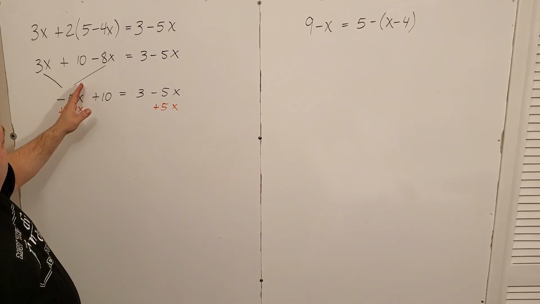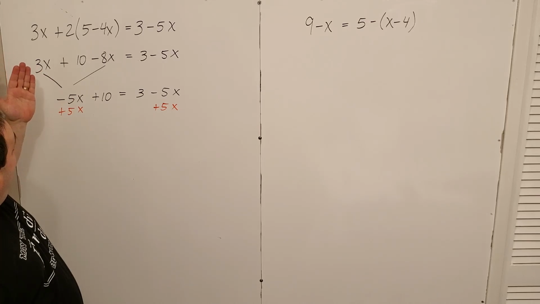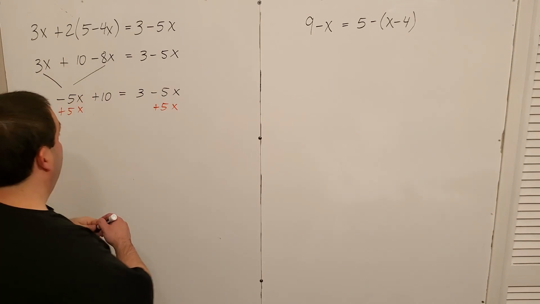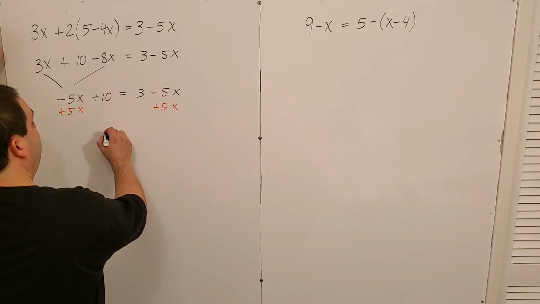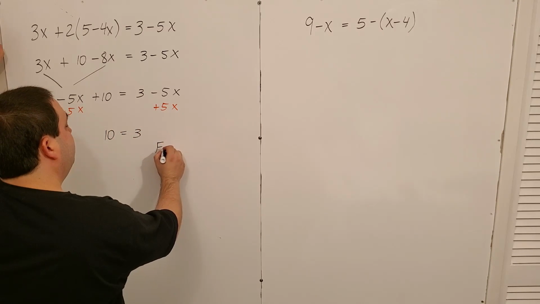And in this case, that means I have to balance it by adding the 5x over here. But then what actually happens is I get the elimination on this side also. So the only thing that's left is 10 equals 3, which is false.